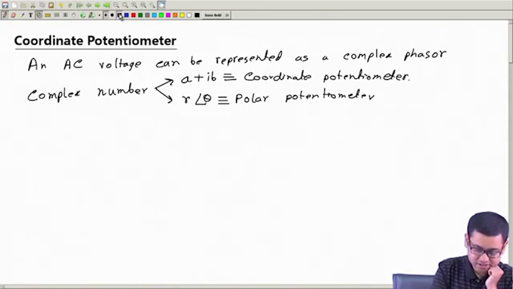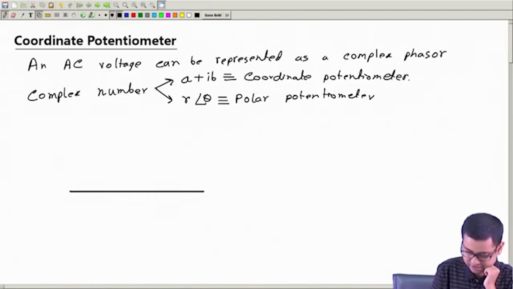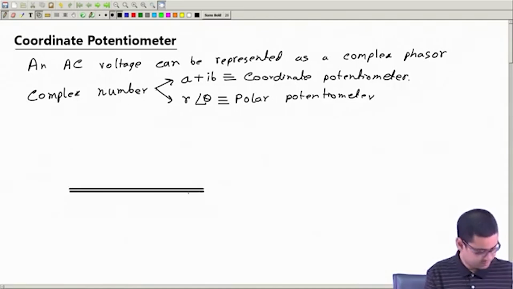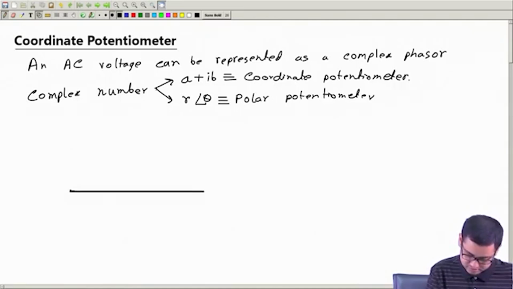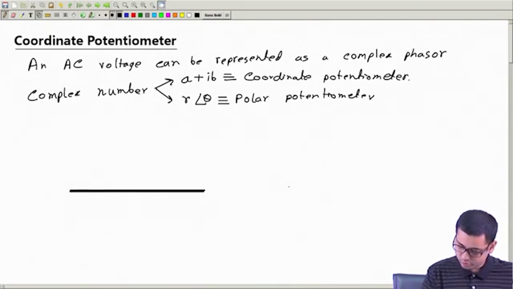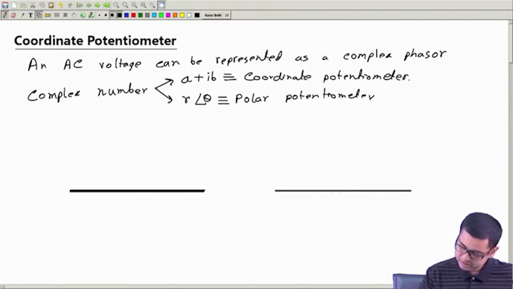So, we need two potentiometers. So, let me draw them like this. This is one potentiometer wire and this is another potentiometer wire.